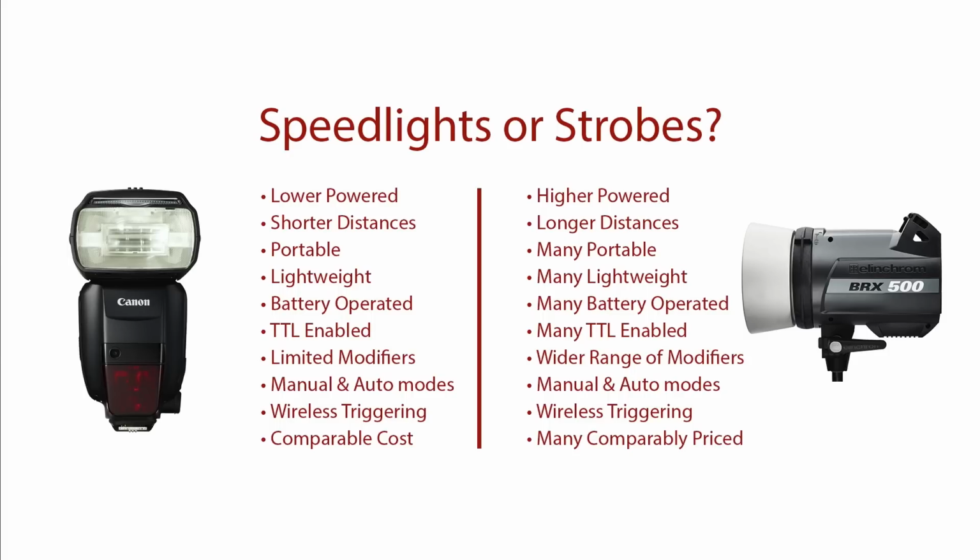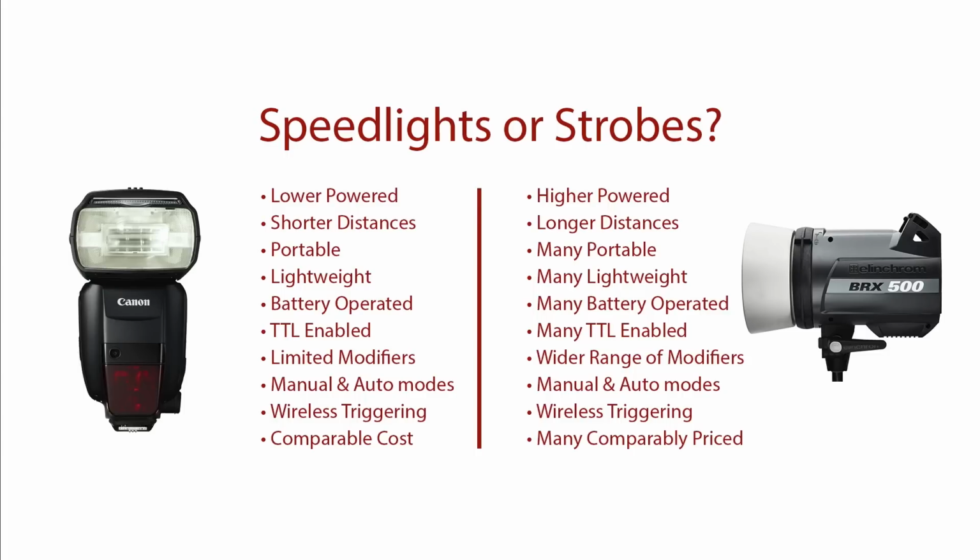There is also a wider range of modifiers, and you also have manual and automatic modes, just like in speed lights. You have wireless triggering, and many strobes are now comparably priced to some of the flagship models.